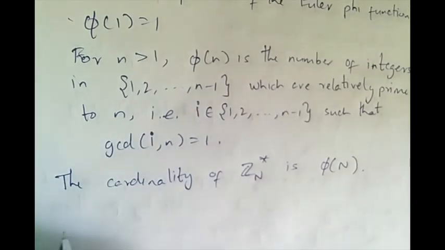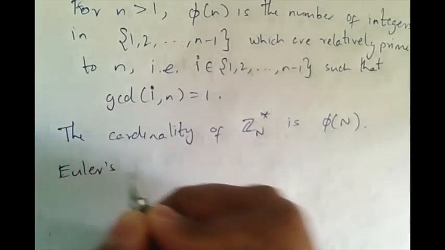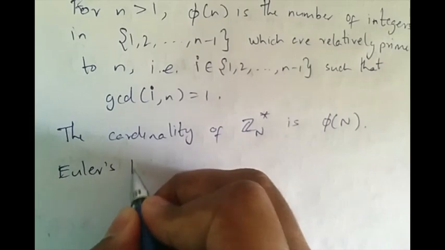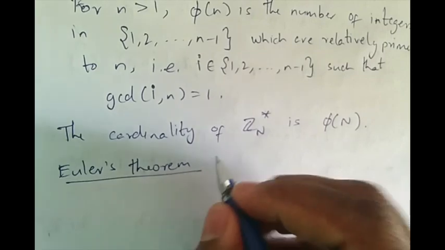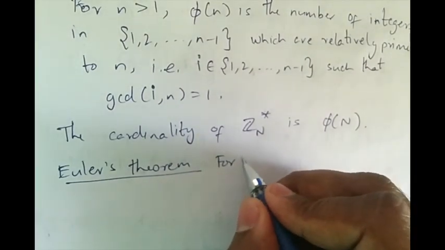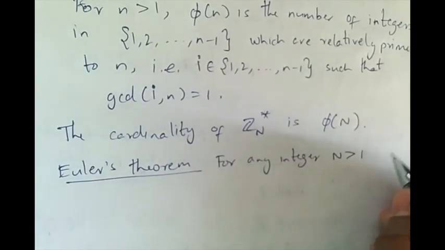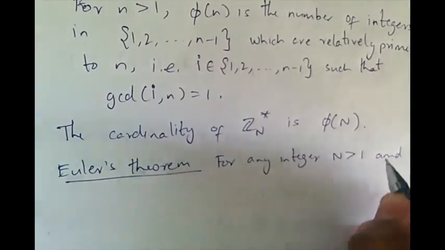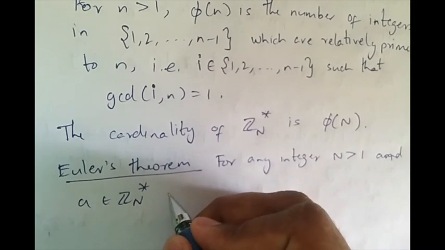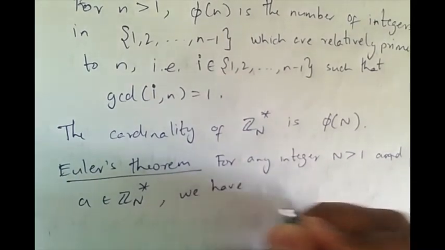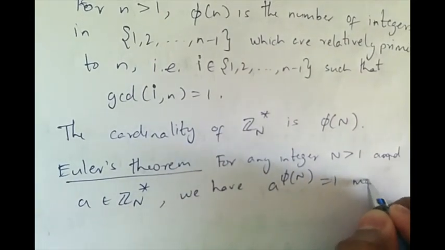And this gives us Euler's theorem, which is an extension of Fermat's little theorem for the case when the modulus is composite. So for any integer n greater than 1 and a in Zn star, we have a to the phi of n equals 1 mod n.